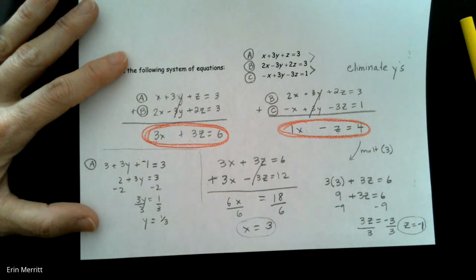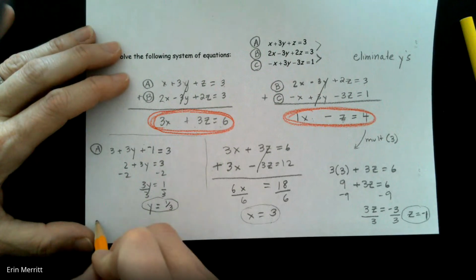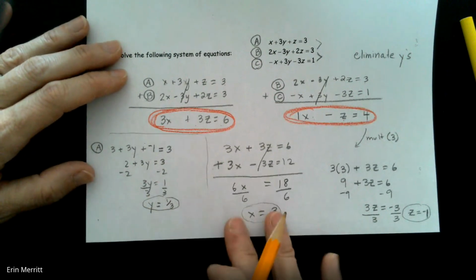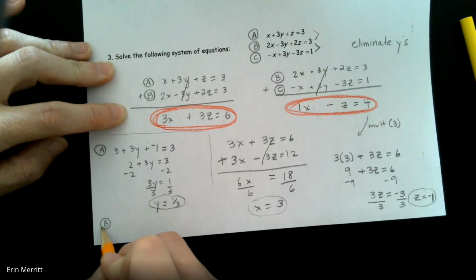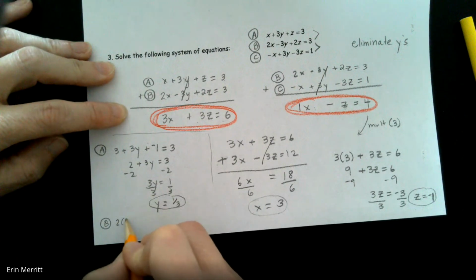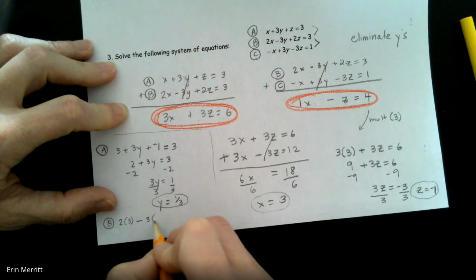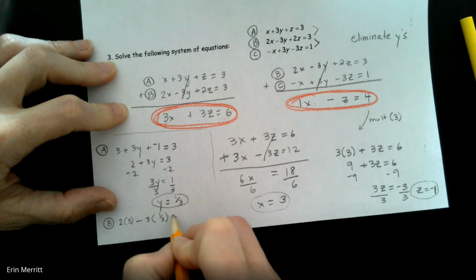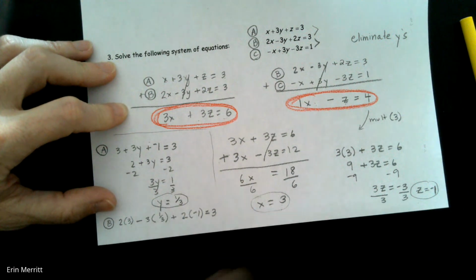That's not a bad fraction, so before we panic, let's check. Okay. So the check, pick one of the other equations to plug into. I'm going to pick B, because why the heck not? All right, if we go 2 times x minus 3 times 1/3 plus 2 times -1, it needs to come out as 3.